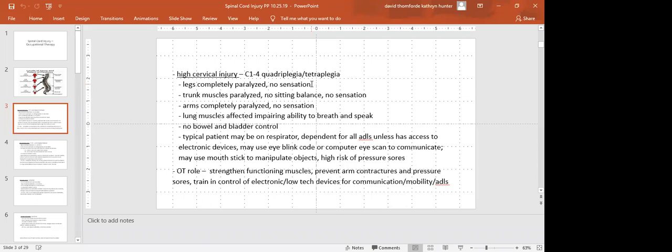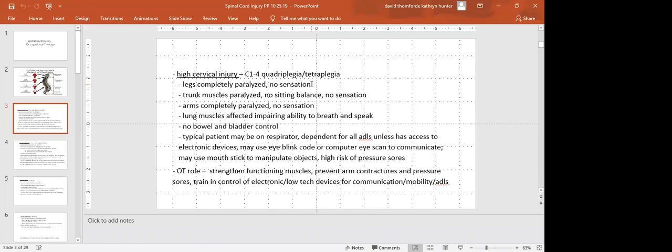Often, there will be problems with the lung muscles. So if the person has impairment of the muscles that operate the lungs, they may have difficulty speaking, and they may have difficulty breathing. And there will be no bowel or bladder control. So a typical patient who's had this level of injury, maybe on a respirator, is very likely to have dependency for all their ADLs.